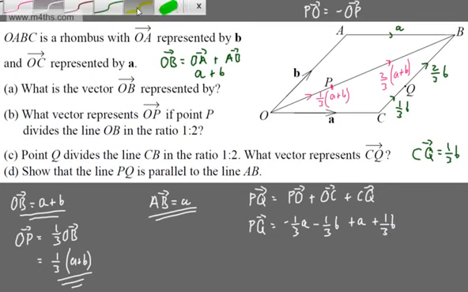Now from here it seems that my B's are going to cancel. I've got minus 1/3 B plus 1/3 B, which is going to cancel. So I can say now the following. I can say that the vector journey for PQ is going to be 1/3 A plus A, which is 2/3 A.